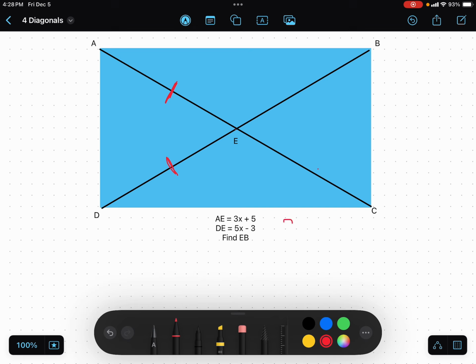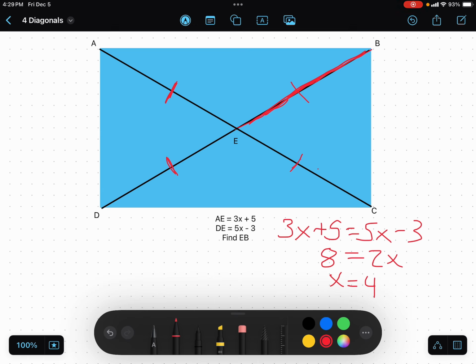So let's set up 3x plus 5 equals 5x minus 3. That's going to give us 2x equals 8, or x equals 4. Well, we weren't just asked for x here, we were asked for EB. And we know that it's going to have the same length, just like these other ones do.